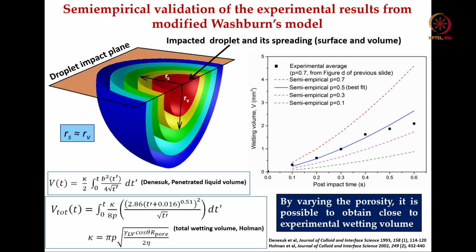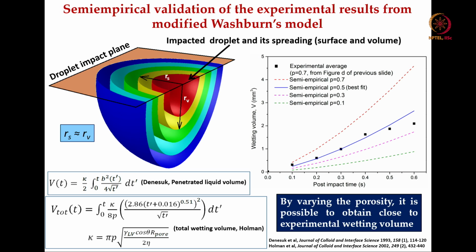So we have utilized those analytical frameworks, but at the same time we have modified them based on the experiments which were performed at the X-ray synchrotron center. Essentially we are more interested in how the wetting volume evolves with time.